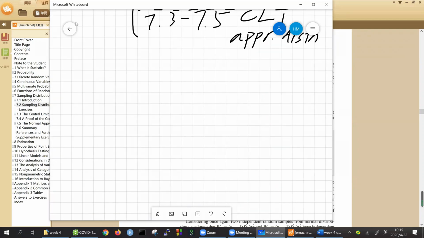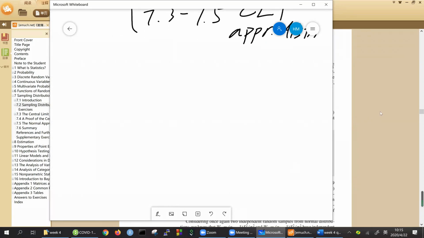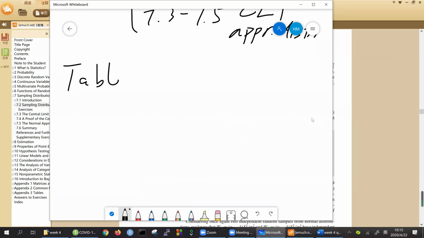And next, we want to go to the part on distribution tables. We've already seen a couple minutes ago that we have the z distribution table, the t distribution table, the chi-square distribution table, and the f distribution table. The way I want to organize this is as follows. I personally think that the t distribution and chi-square distribution tables are organized very similarly.